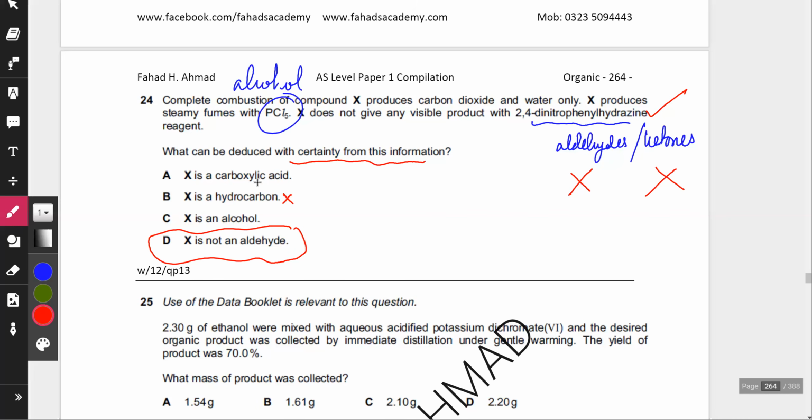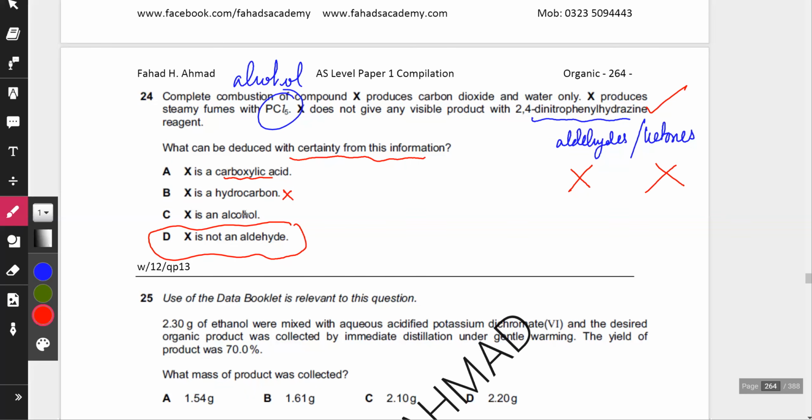But now they've removed the carboxylic acid reaction, taken that to A2, which is why, if we had that reaction as well, there would have been confusion in this. So it's an old question. Do you get it, Taha? I'm just explaining. Carboxylic acids also react with PCl5, except that reaction is no longer in AS.